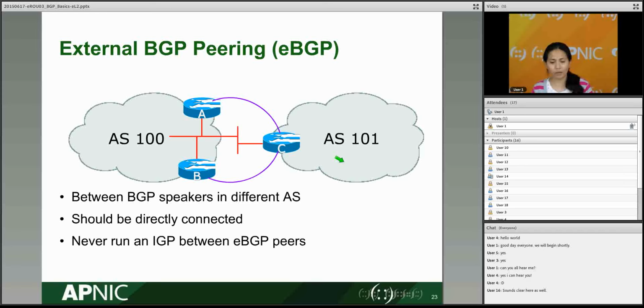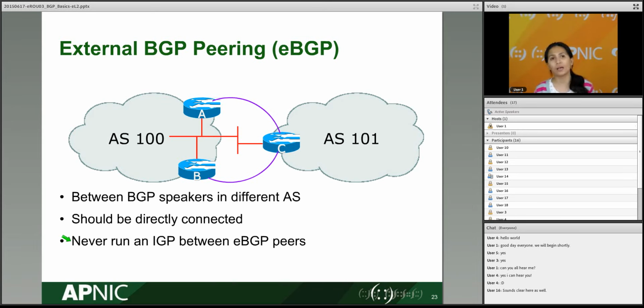Next one is eBGP and how you interconnect with all the BGP speakers. We've already discussed this. We said that there have to be direct connections between all your BGP speakers. Another thing that's important to understand is that you should never run an IGP between eBGP peers. Here you have AS100 and AS101. They are two different, separate networks. Typically when we're doing a design, we include our customer as part of our IGP, which should not be the case, depending on your setup of course.